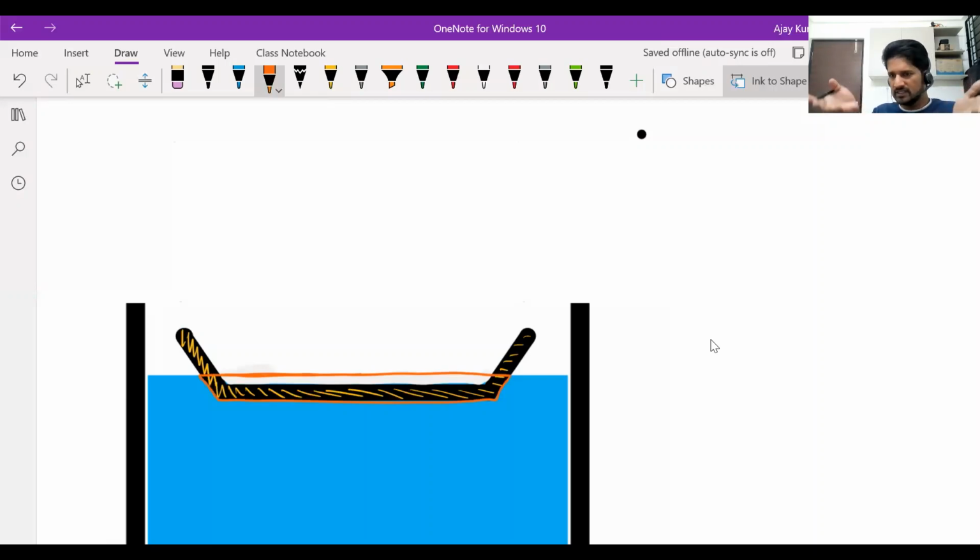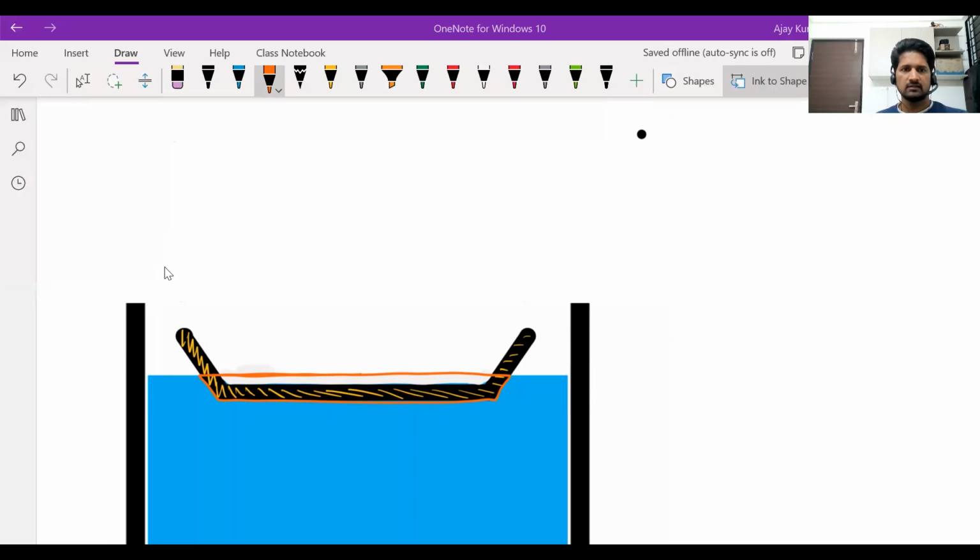It won't sink completely. Of course, it depends on how much weight you put on it. But as the boat goes down into water, it's not just the metal displacing water. The air inside the boat, the empty space inside the boat, is also contributing to the volume of displaced liquid.